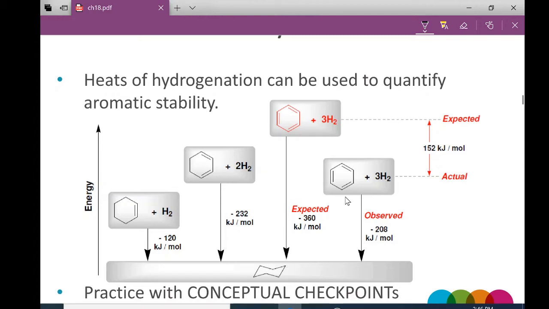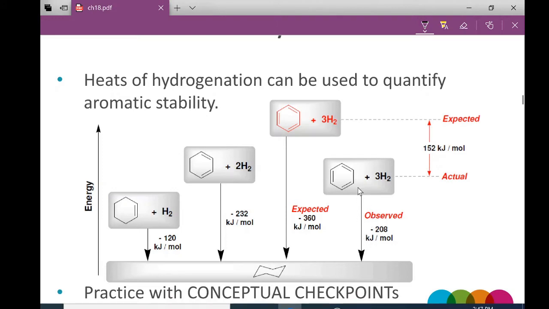But in fact, if you do hydrogenate benzene, which is in fact difficult to do, you will only get 208 kilojoules per mole of energy out. And that's because since benzene is aromatic, it's particularly stable, and we get less energy out when it's hydrogenated, okay? So hydrogenating benzene gives us only 208 kilojoules per mole.